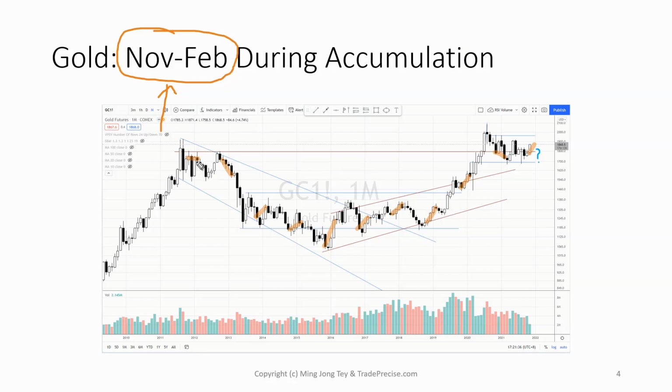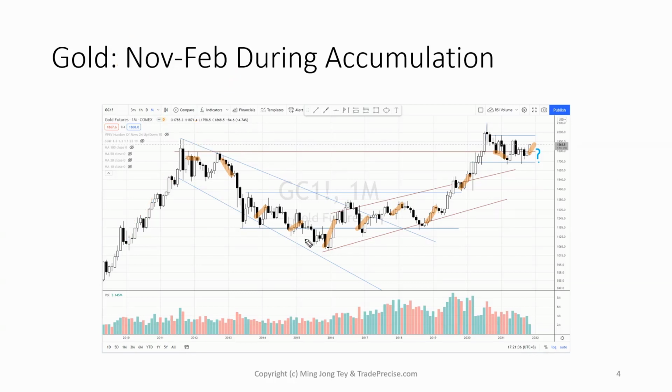First of all, I have already highlighted the November to February period. This one is pretty much flat. This is negative. Right after a buying climax, the results from the November to February season are flat and also negative. So this is definitely in conflict with, or totally different from, the seasonality.